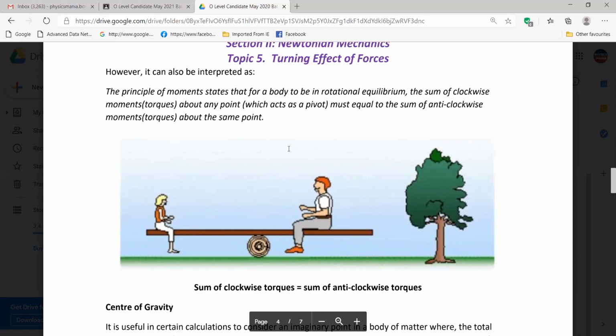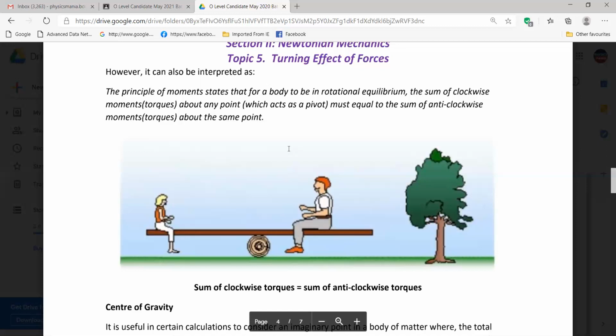anti-clockwise moments. Look, here we have one senior person and one small girl. So they are staying at different distances, right? Yes. The person is very close to the pivot, and he is making the moment equal to the moment the girl got. Equal but opposite.